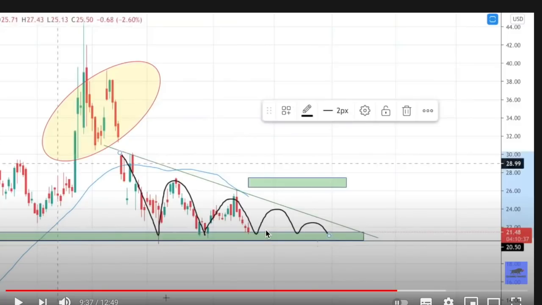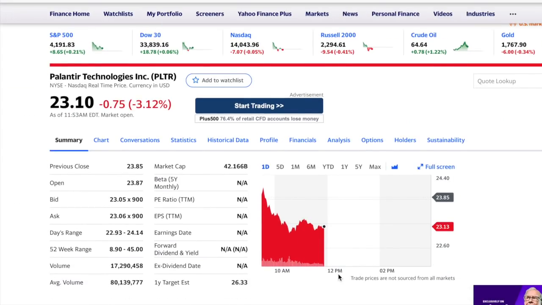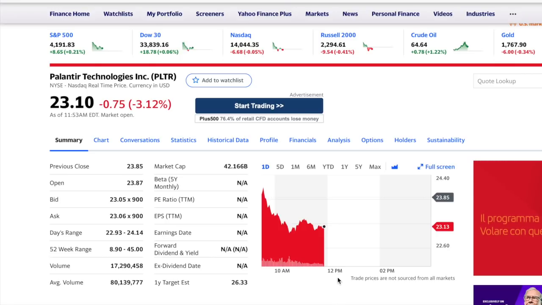So in today's video guys, I want to do an update on the graph, trying to see what is going on, because in my opinion Palantir is now very near to a key point, right? So the next 20 days, 30 days will be, in my opinion, important for the stock and also for the price action, right? So we are gonna take a look at that.